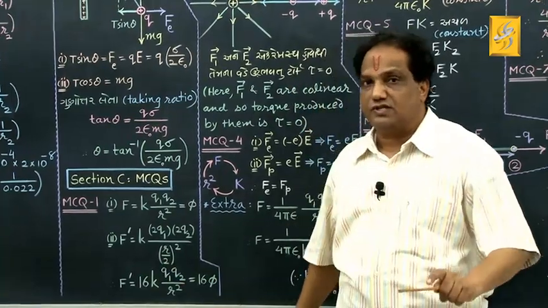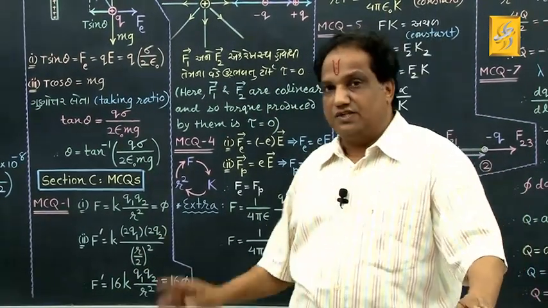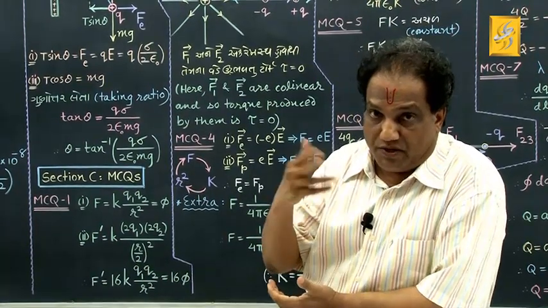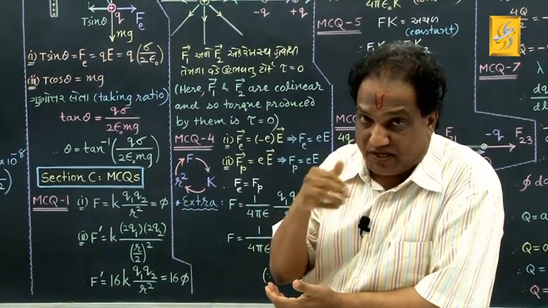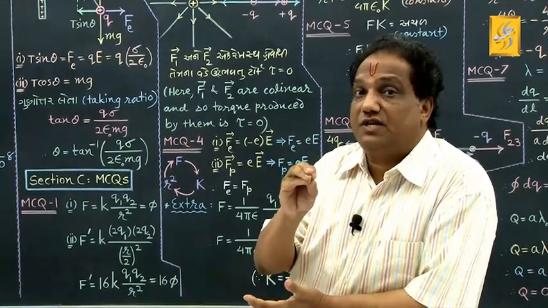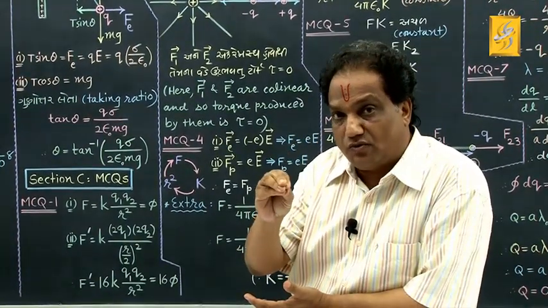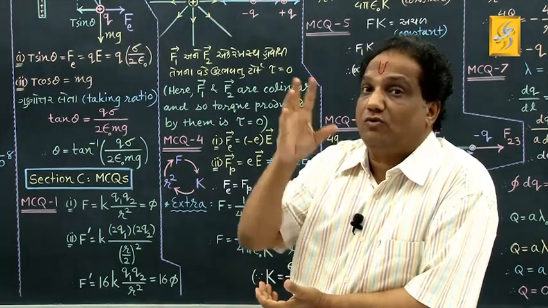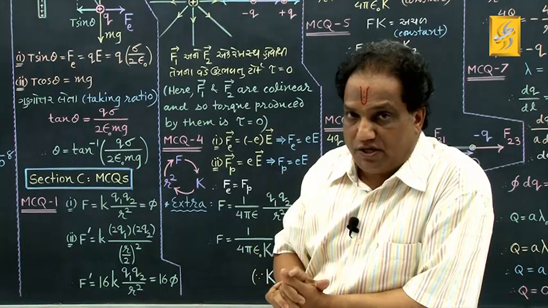In the same question, suppose they ask, what is the percentage increase in the Coulombian force? Or suppose they ask, what is the increase in Coulombian force in percentage? What do we mean by increase in Coulombian force? Greater minus smaller.